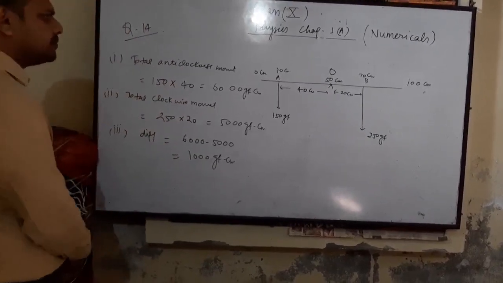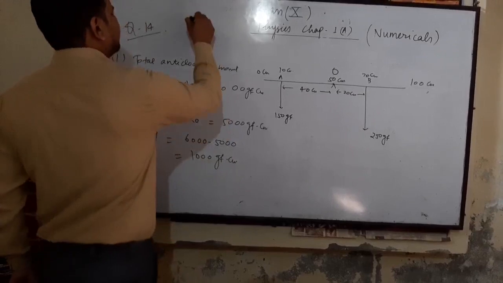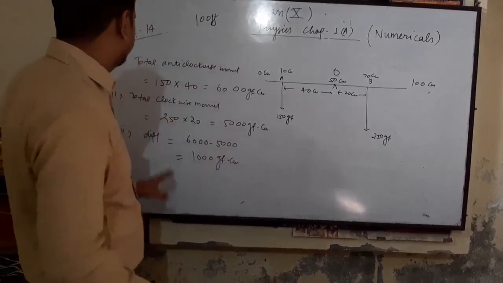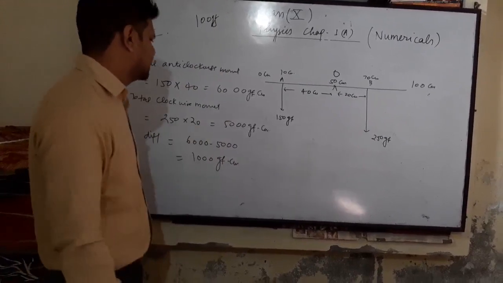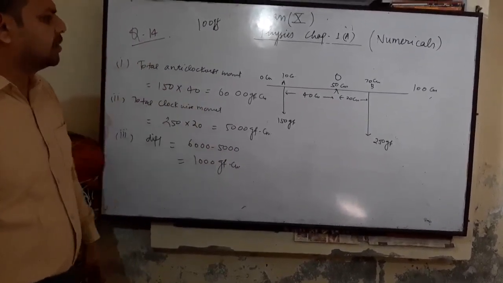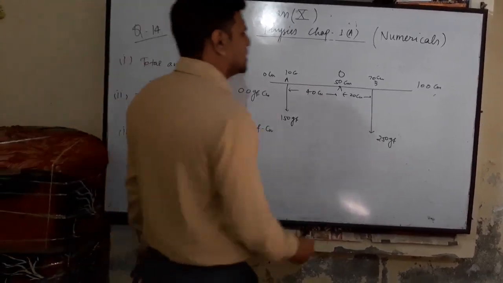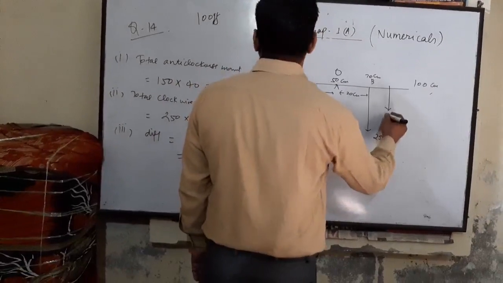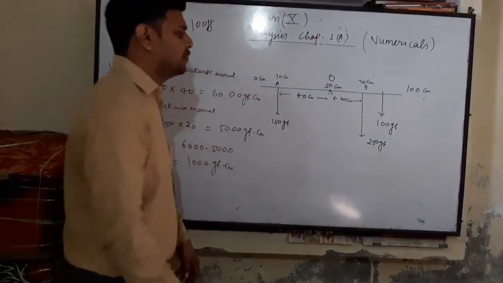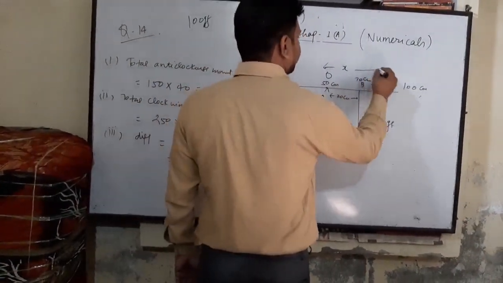So, we will suspend this extra 100 gram weight at this side where the moment is less. Total clockwise moment is less than anti-clockwise moment. So, we have to suspend this 100 gram force at the side of the 250 gram force, let at a distance of x.